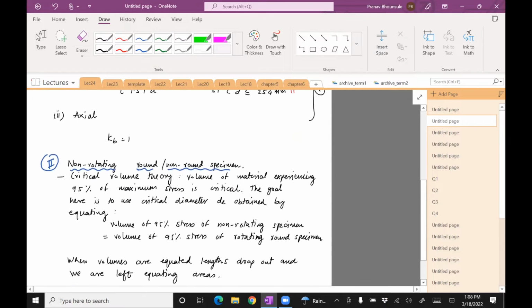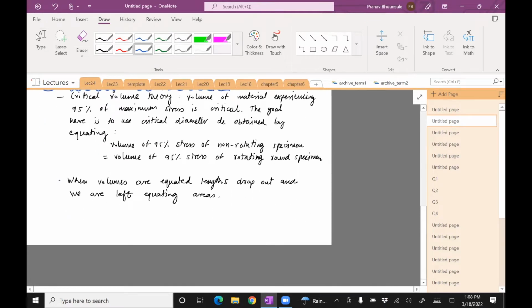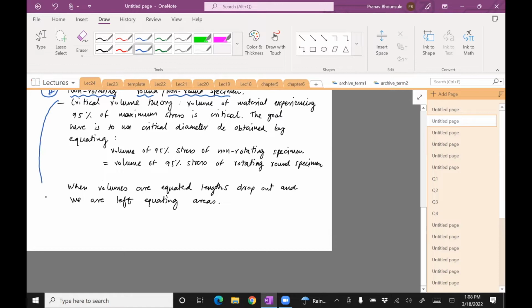So by this theory, compute D and then use those expressions to compute Kb. We'll do that in a bit when we solve a problem.